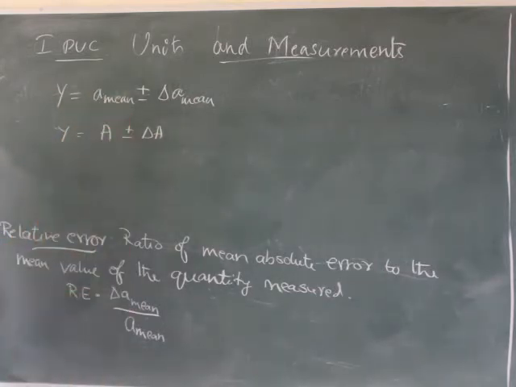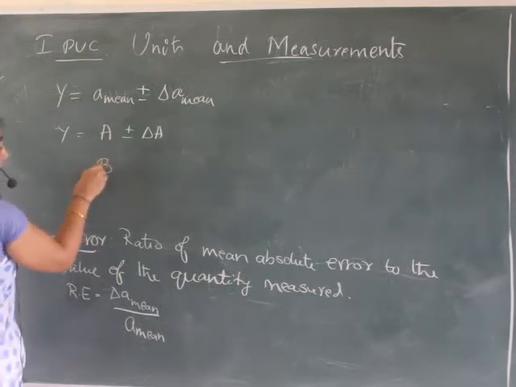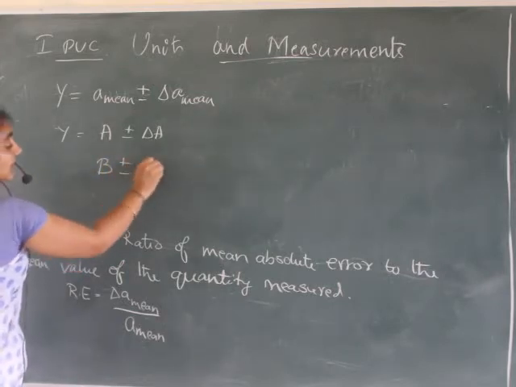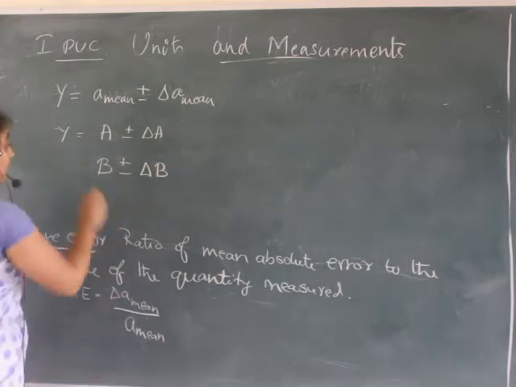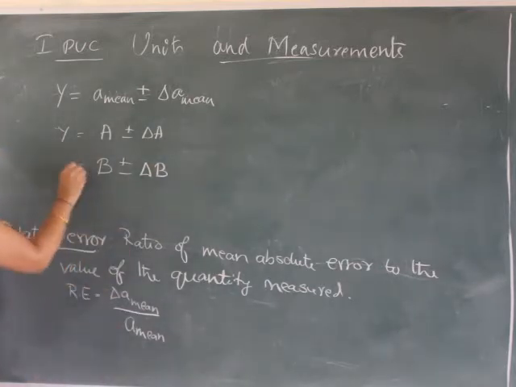Y is equal to A plus or minus delta A. That is for the physical quantity A. For the physical quantity B, it is B plus or minus delta B. Correct? Fine.